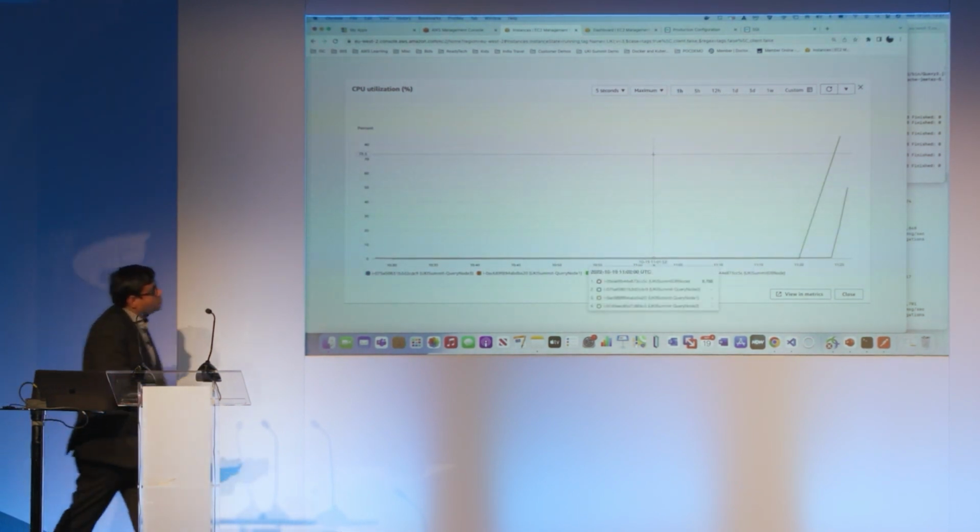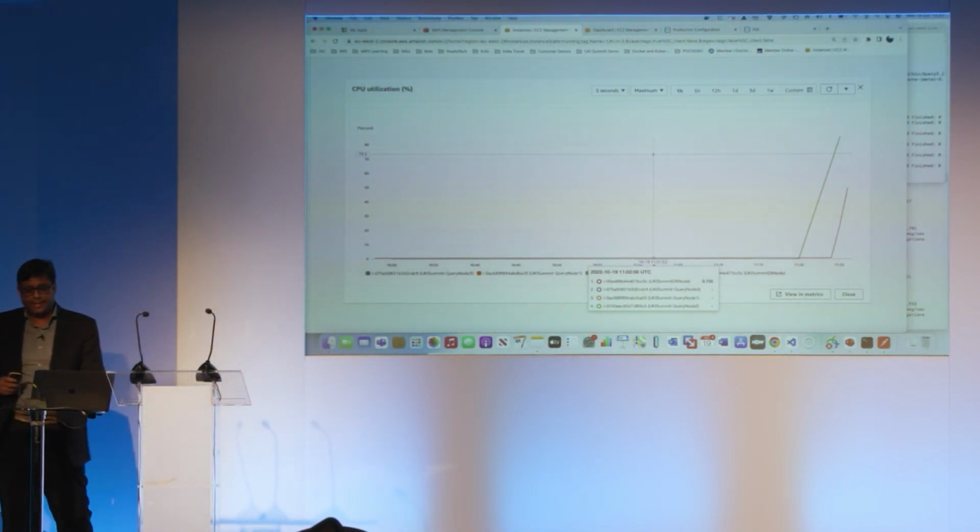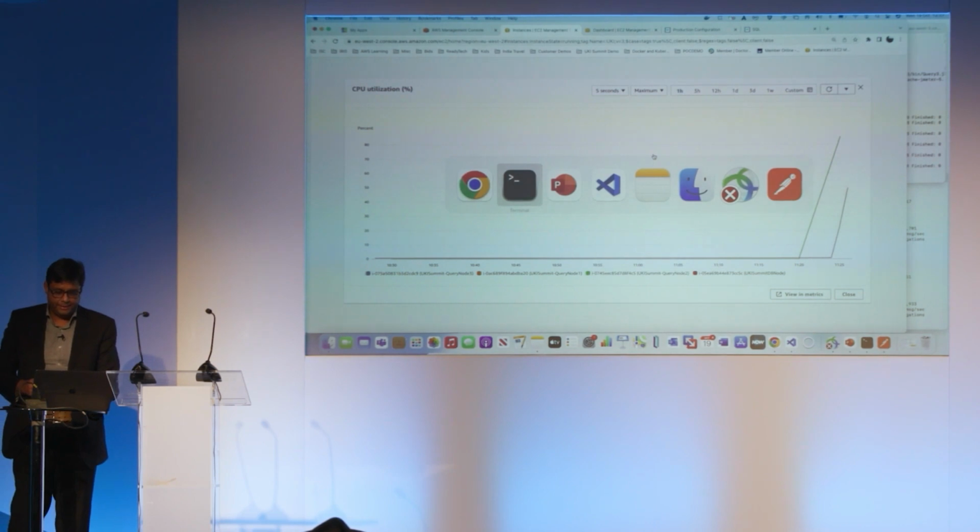So you can see we are almost reaching 80% on those nodes in terms of CPU.